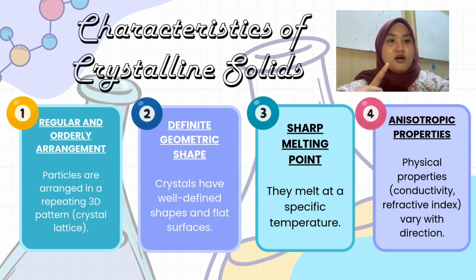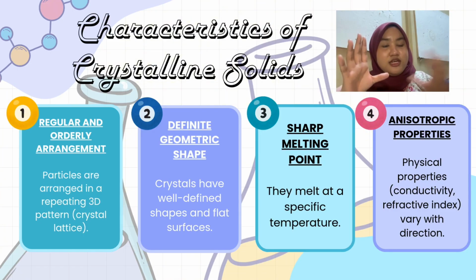This order also means they have a sharp melting point. Unlike glass or plastic, which often soften over a range, a crystalline solid stays rigid until, at one specific temperature, the entire lattice structure collapses at once. It's a digital shift from solid to liquid.